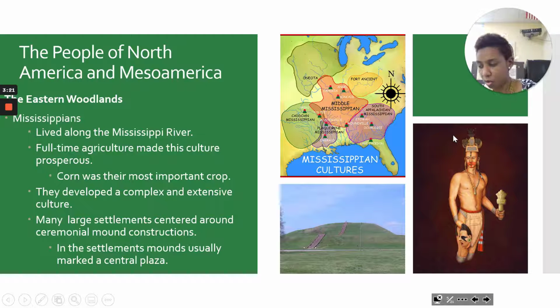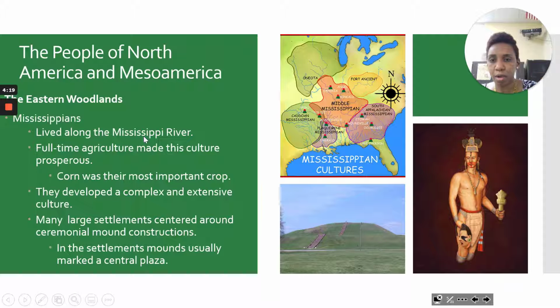Question number two asks, what's the most important crop for the Mississippians? We're talking about the Mississippians, which were cultures along the Mississippi River. In Edpuzzle, I would love for you to tell me what is something that's key about all of these tribes. I just mentioned the Hopewell, and the Hopewell also was along a certain area, the Ohio River Valley.